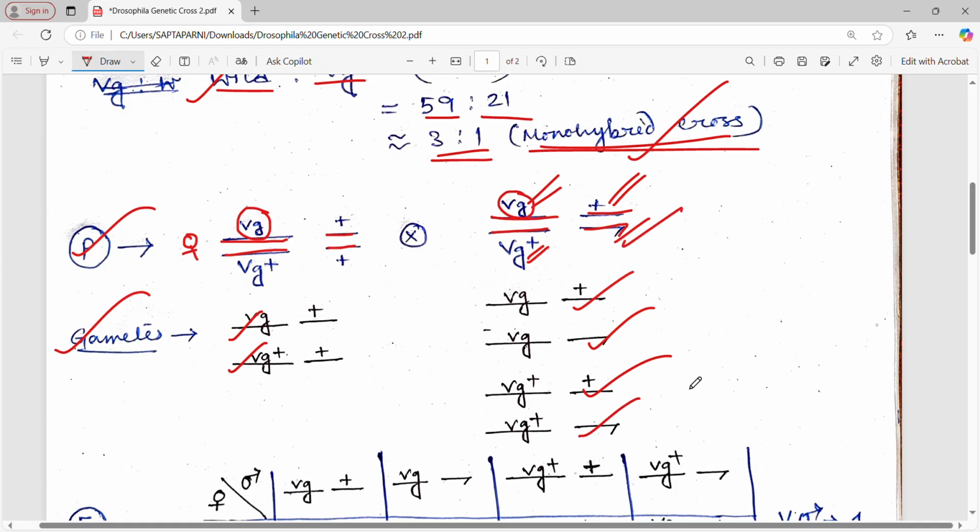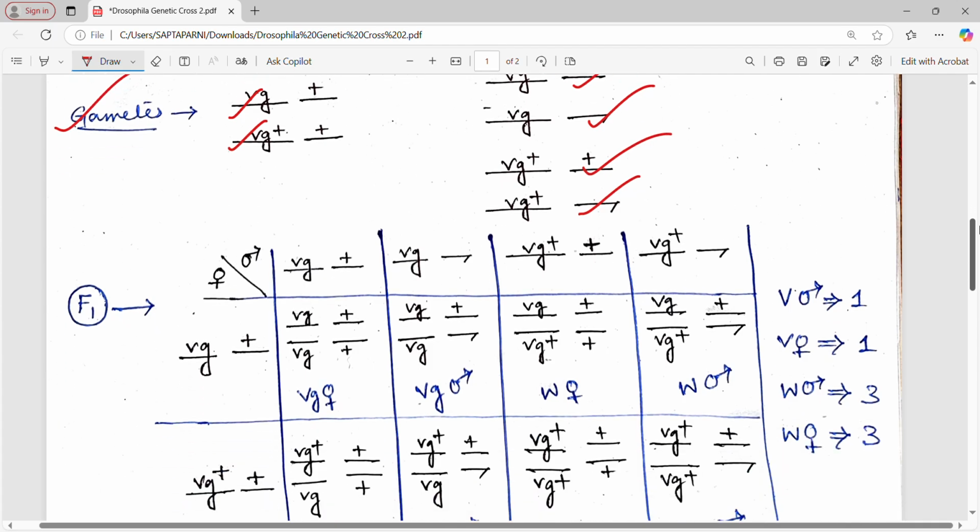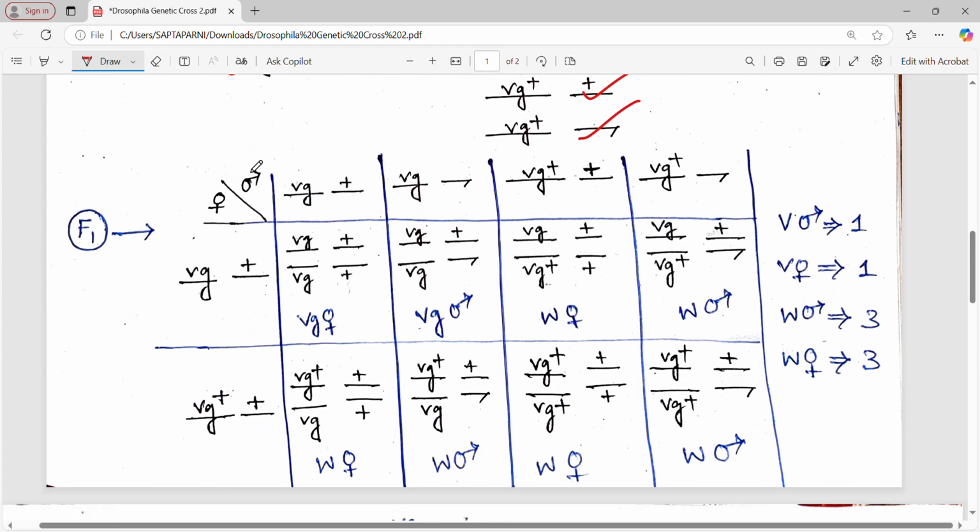Now if we draw a Punnett square and put all the male gametes on the top side and female gametes on the left side, then we will get 8 progenies in the F1 generation. What will be their phenotype?